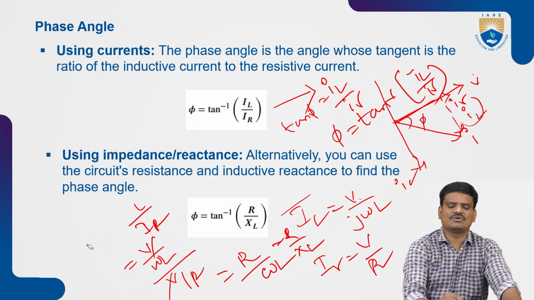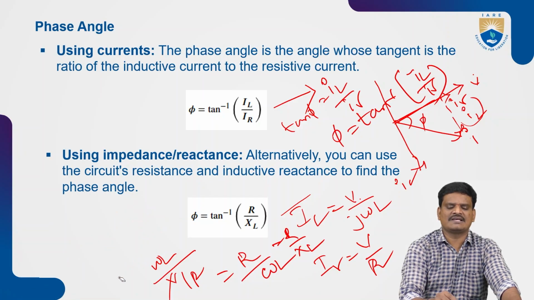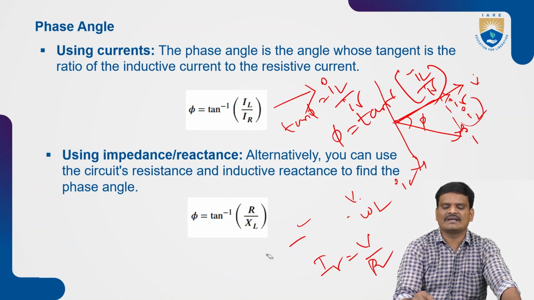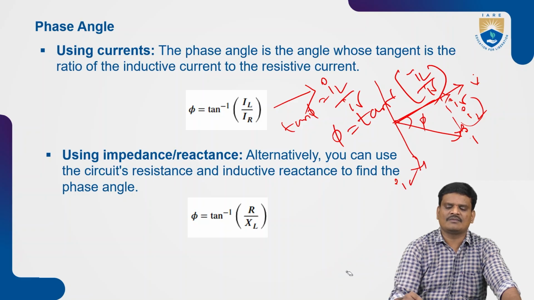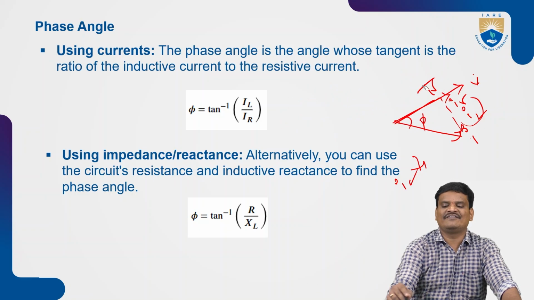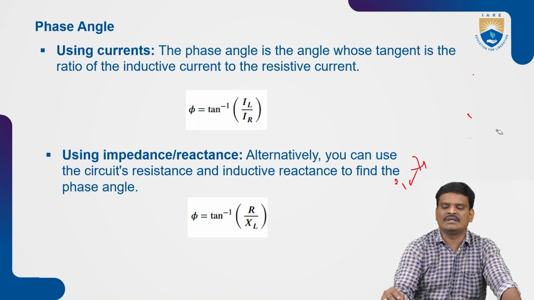So in order to calculate the value of a phase angle, first you need to calculate the value of tan phi, and that tan phi can be calculated from the phasor diagram. So in order to calculate the phase angle or power factor or whatever it may be with respect to the parallel RL circuit, the phasor diagram approach is very important.